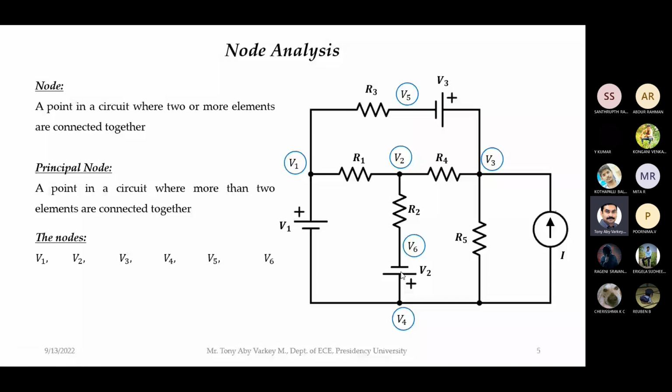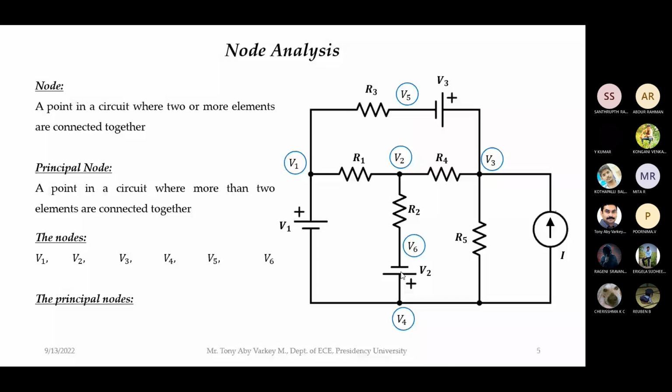Now out of this, how many principal nodes are there? Can you tell me which are the principal nodes? V2. V2 is a principal node, correct? Because 3 elements are connected.